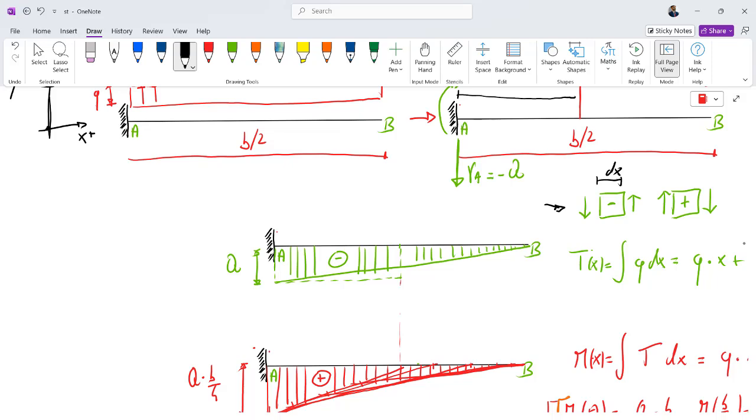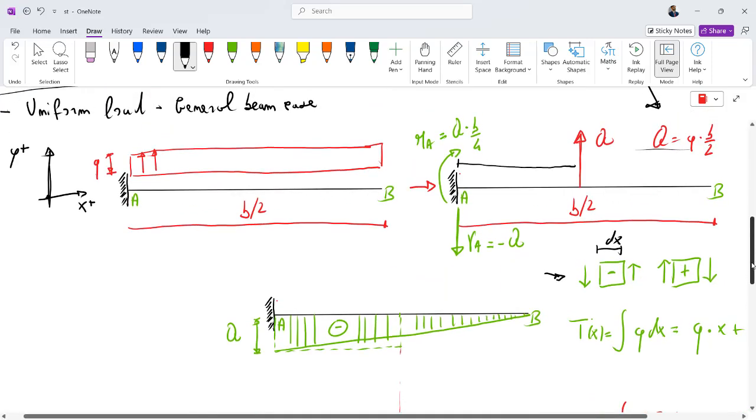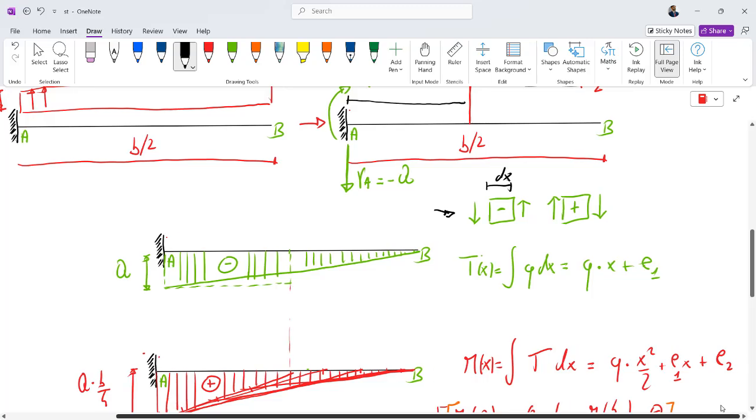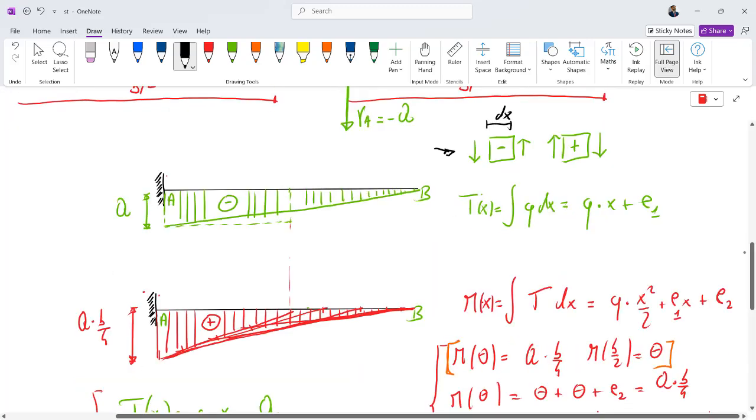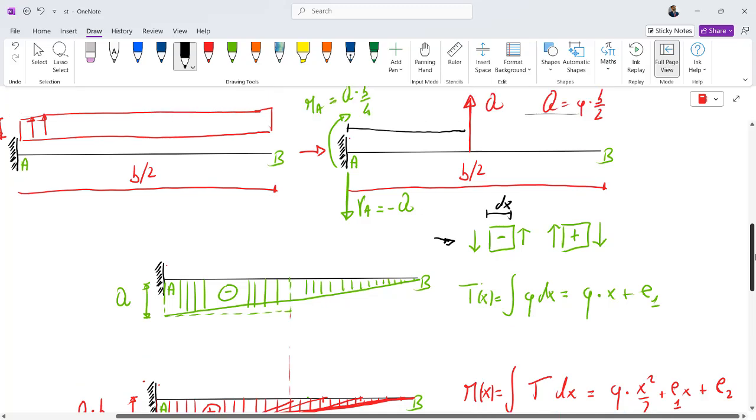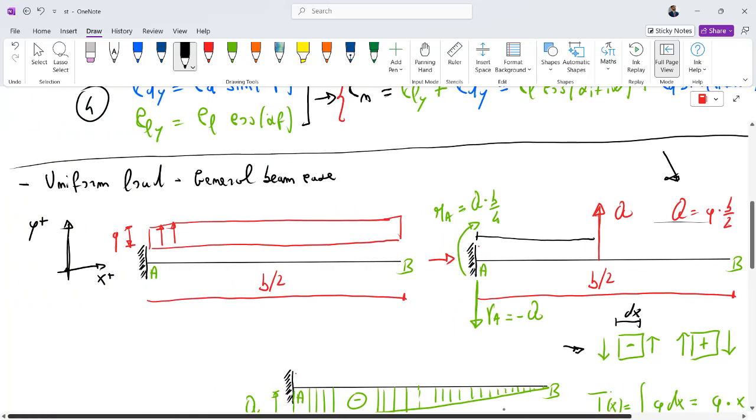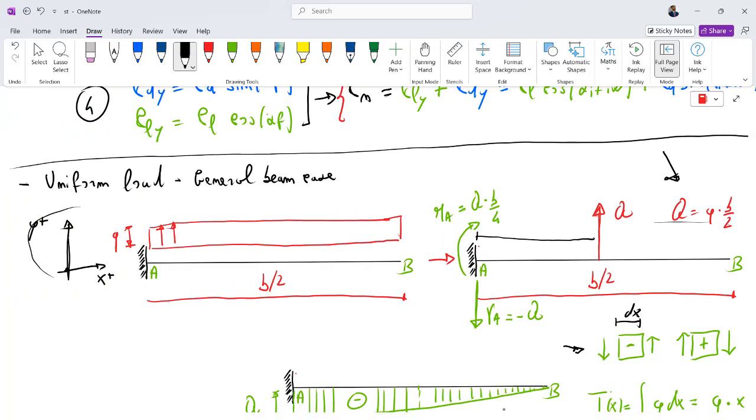It's simple to calculate this diagram, but we can express the T as a function of x, that is the length of a certain portion of this beam. T of x is equal to the integral of q, that is the load, but we must remember this other convention.